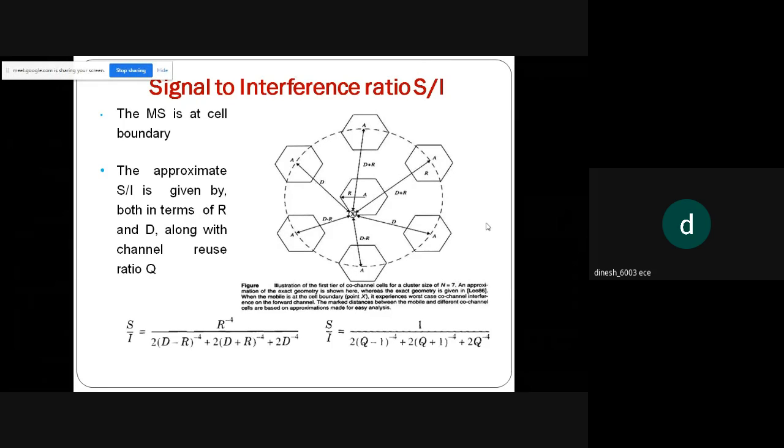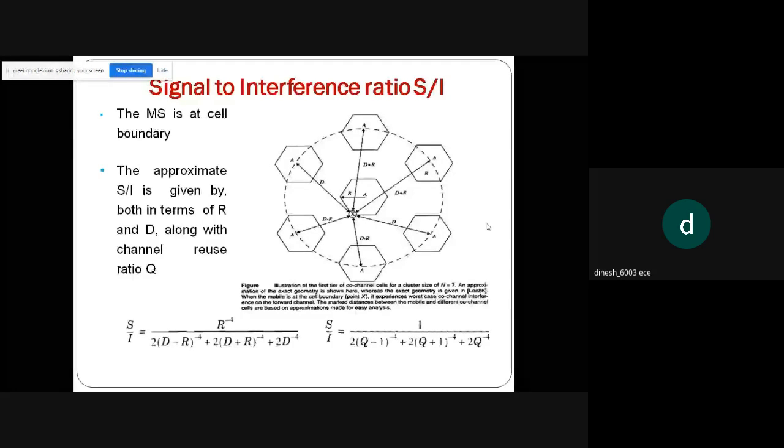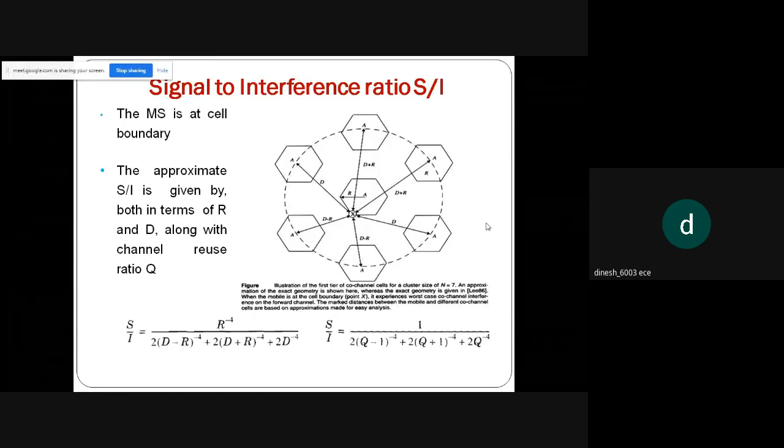Next is the signal to interference ratio for a cluster size of N equal to 7. The approximation of the exact geometry is shown in this diagram. You can see that 7 is the reuse factor: 1, 2, 3, 4, 5, 6, 7, and D by R is present here.